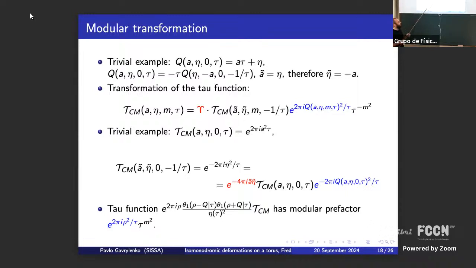It is multiplied by a function dependent on tau. But if you look at the other tau function, which is this Fredholm determinant, which contains theta functions, then this tau-dependent prefactor is cancelled. That complicated prefactor that depends on Q cancels, and it has just this multiplication by e to the pi r squared over tau. So this is easier.